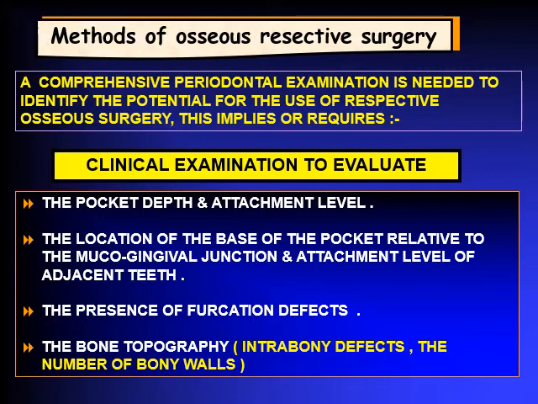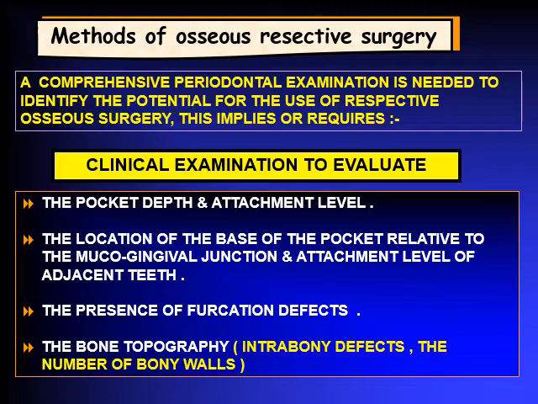First one, the clinical examination, as you do in the clinic: the pocket depth, attachment level, the location of the base of the pocket related to the mucogingival junction, and attachment level of adjacent teeth, the presence of furcation defects, and the bone topography.